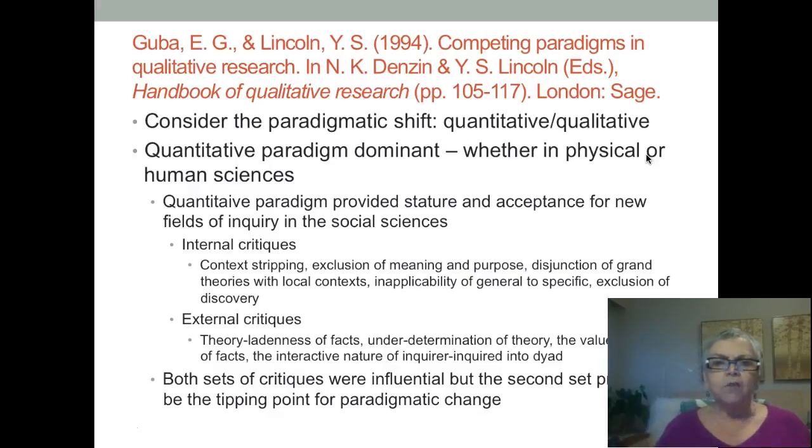There was also this disjunction of grand theories from local contexts, because the work needed to be generalizable to all contexts. That is quantitative work. Qualitative work, on the other hand, offers the opportunity to look at the particular rather than the general. There was the inapplicability of the general to the specific, and the exclusion of discovery.